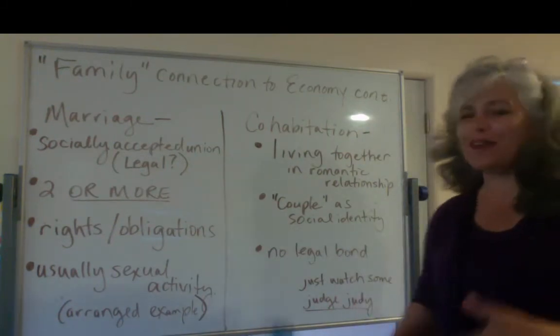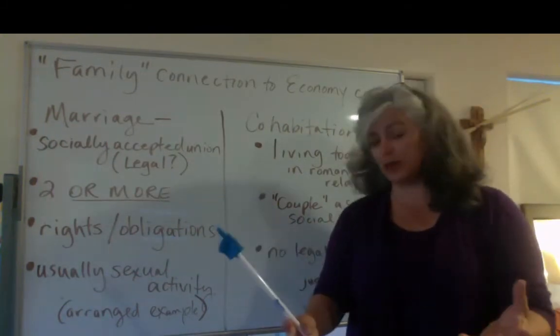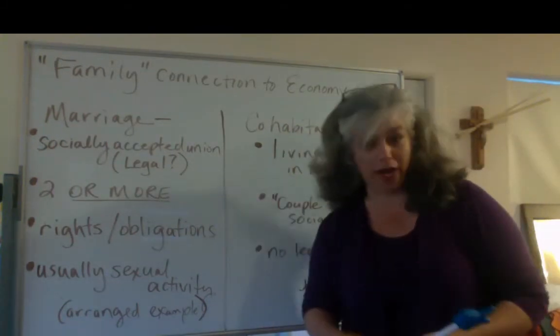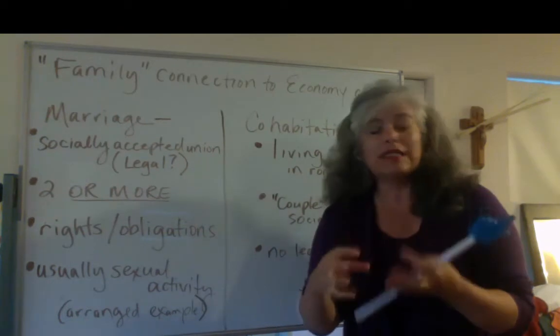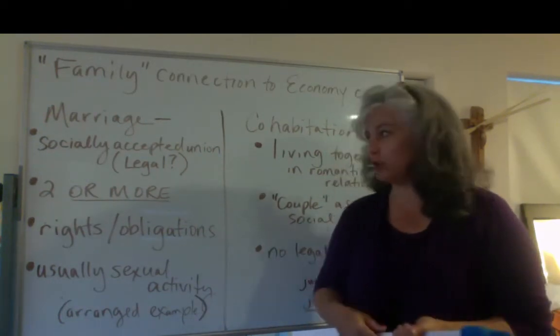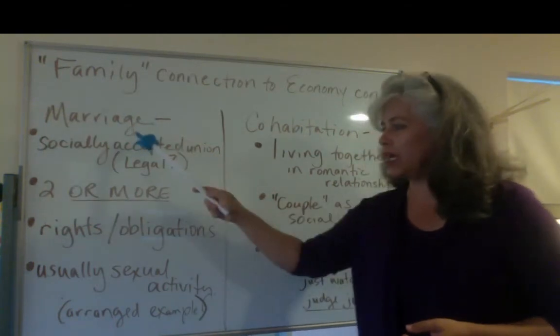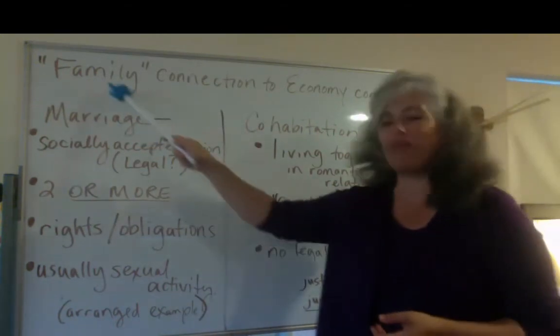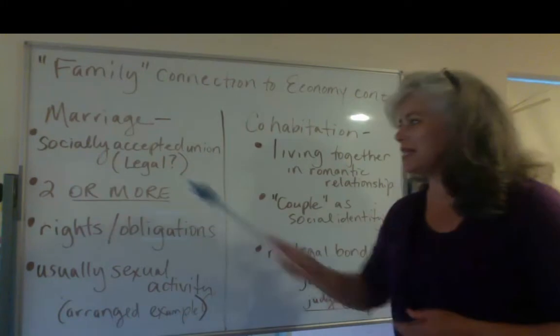So we're going to talk about these domestic arrangements, our household arrangements, those smallest scale economic structures in our society, those households, and the connection that these things have with family, and the connections that these things have with, oh, see this word here?